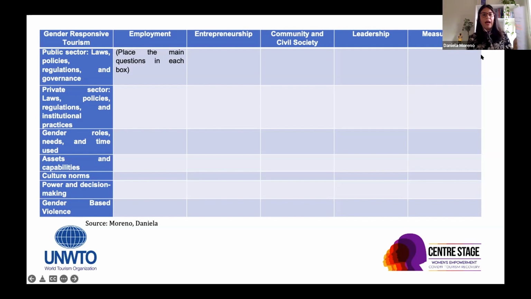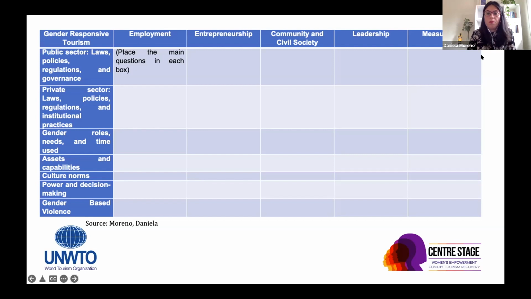Then we have assets and capabilities. With assets, I really want to stress that at global level, women have many difficulties to access and to control many resources, right?